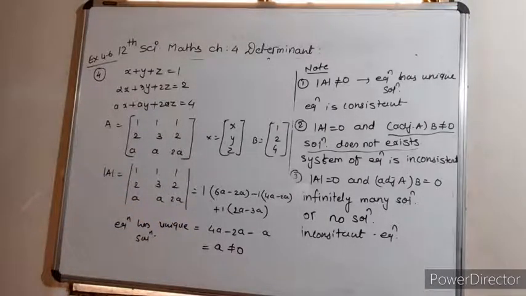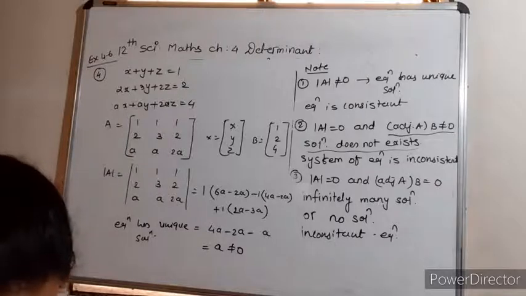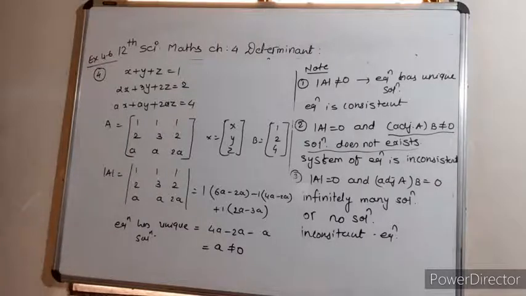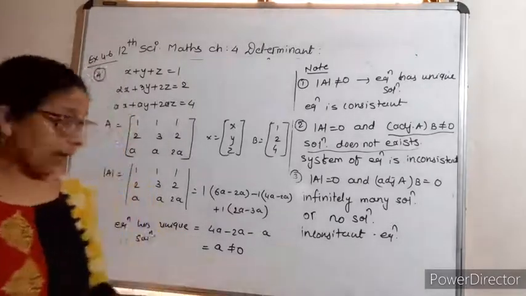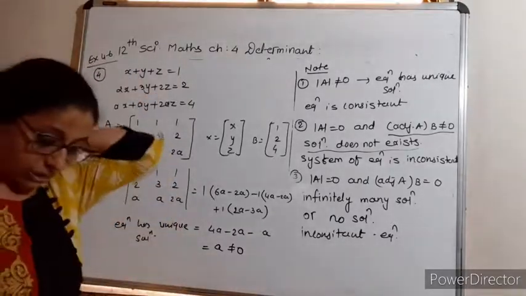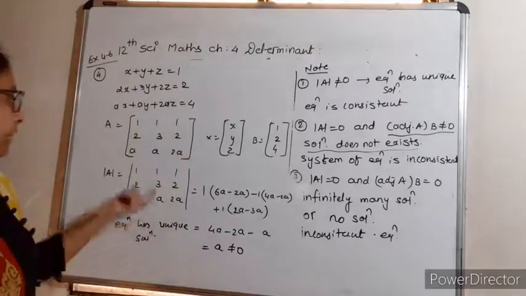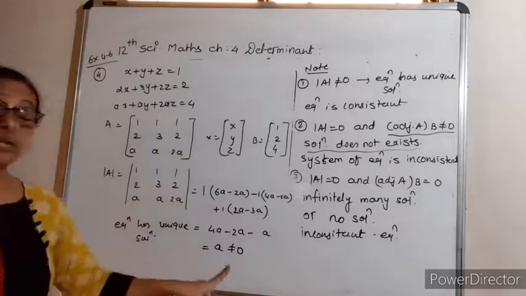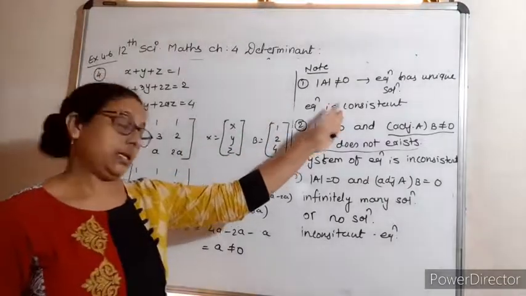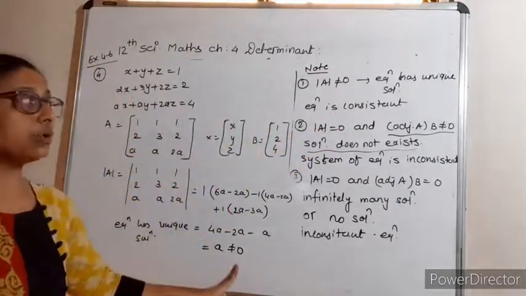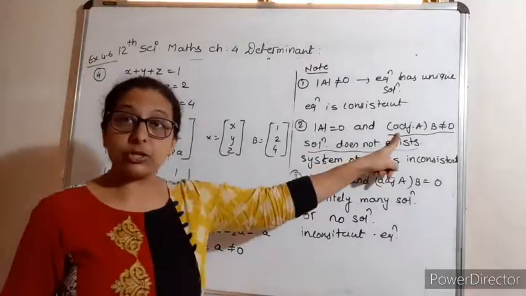So now question number 5 and 6, you will do it yourself. Question number 5 also has 3 equations given, so just find this determinant. If it is not equal to 0, then what? Consistent, unique solution. If this determinant is equal to 0, then you will find its adjoint.